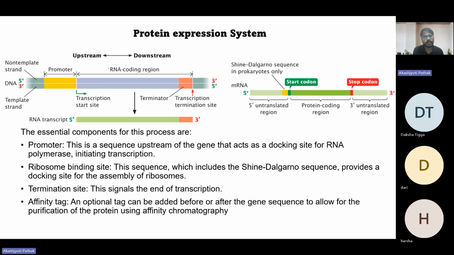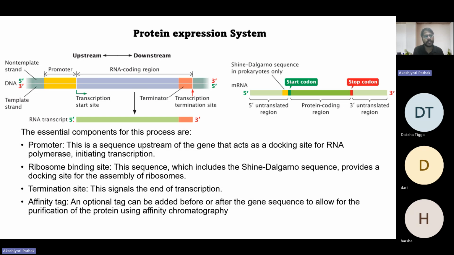It will have a coding region, also called the structural region of the DNA. And this is your terminator. First your RNA polymerase will bind to the promoter, and it will start transcribing the gene from your transcription start site, and it will stop at the termination site. So this is the mRNA that has been synthesized.